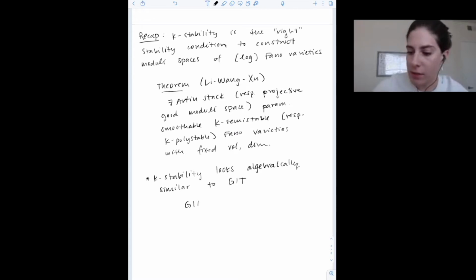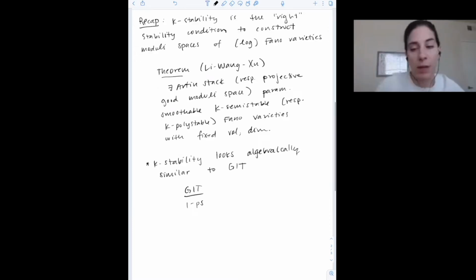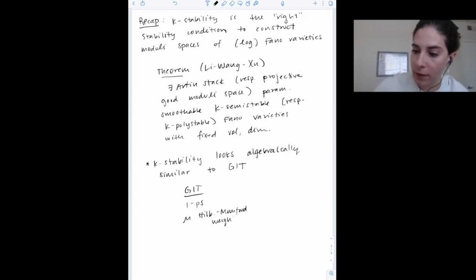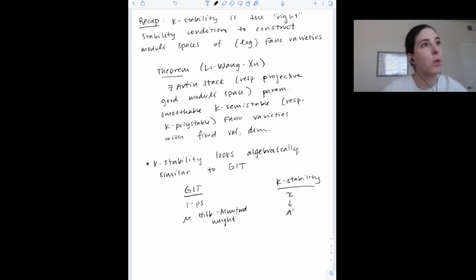And by that I mean in GIT you look at these one parameter subgroups, so essentially some one parameter family of a variety, and you look at the Hilbert-Mumford weight and you ask for this to be positive or negative or greater than or equal to 0 to be GIT stable or GIT semistable. And with K-stability, you look at a very similar picture, but instead of a one parameter subgroup, you have something called a test configuration. But it is still just a one parameter family of your object in question over A^1.